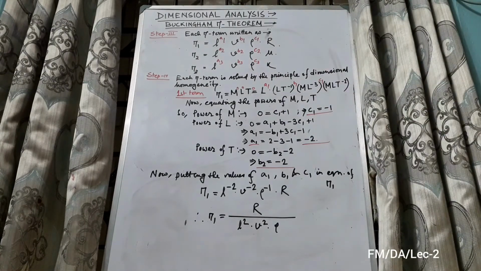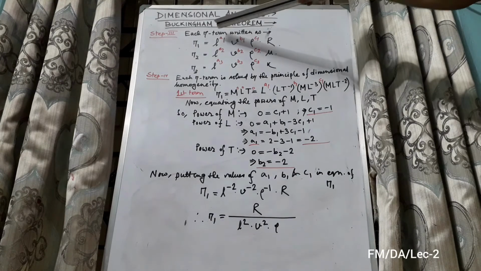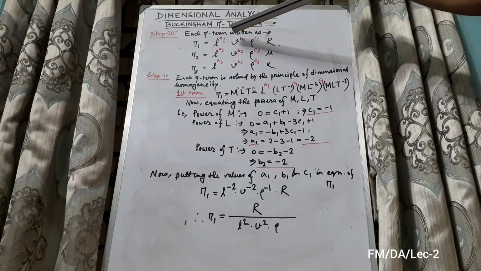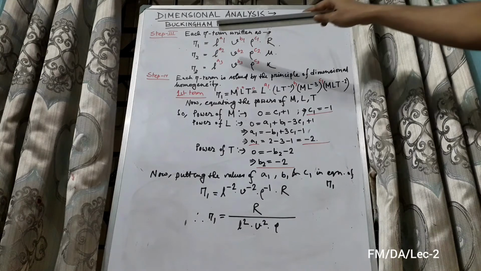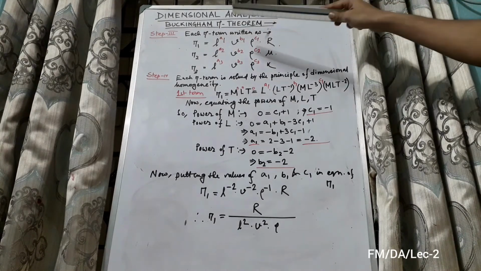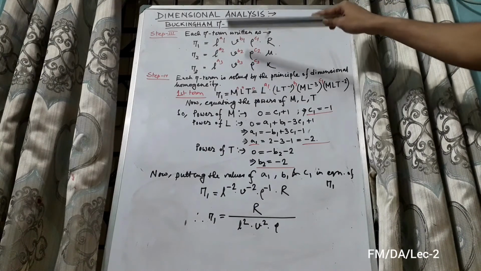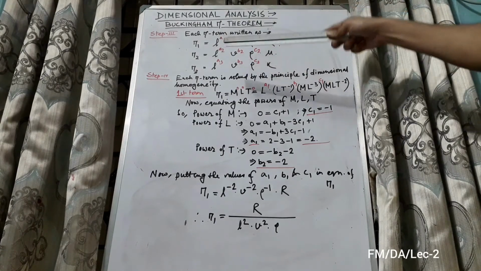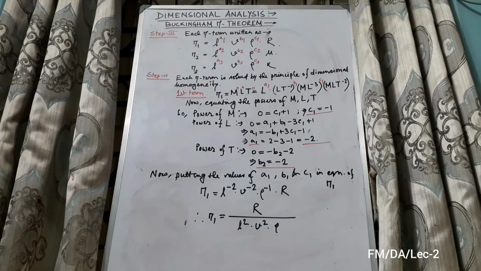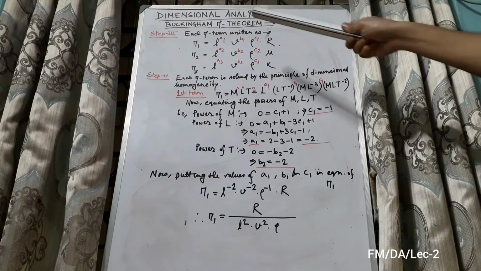Pi 1 equals L V rho, that is, the first repeating variable L, then the second repeating variable from the flow property, V, and the third repeating variable from the fluid property, rho. These variables are repeated in all the equations of pi, so they are called repeating variables.